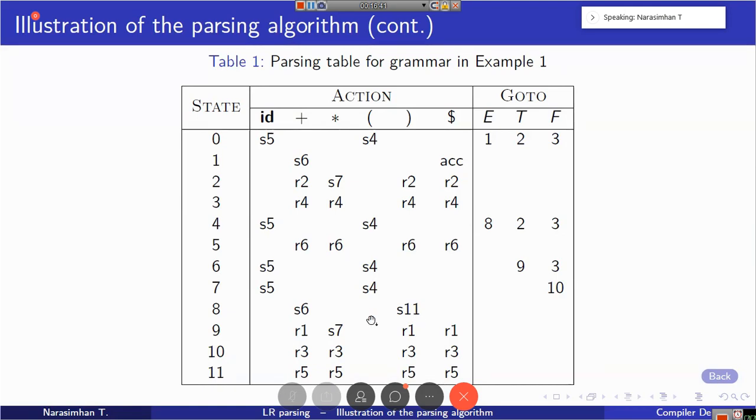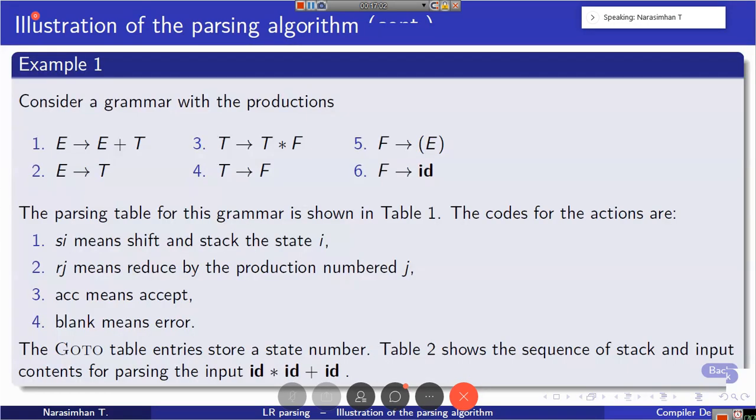Those blank entries denote invalid combinations, that is, they are errors. So if you somehow land up in one of these blank entries, it means that the parser has detected some error. Well, let us parse the input id star id plus id using the parser.